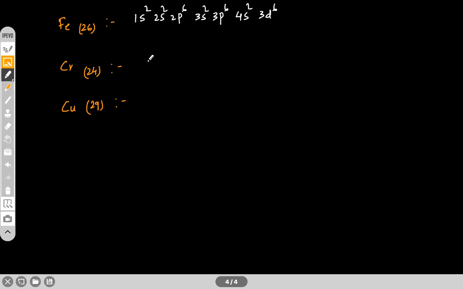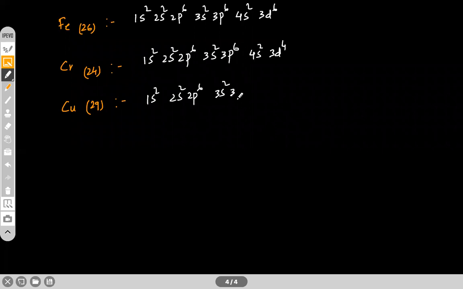The chromium is 1s2, 2s2, 2p6, 3s2, 3p6, 4s2, 3d4, and this one is 1s2, 2s2, 2p6, 3s2, 3p6, 4s2, 3d9.